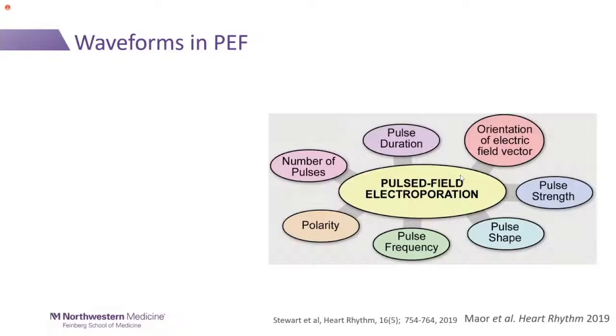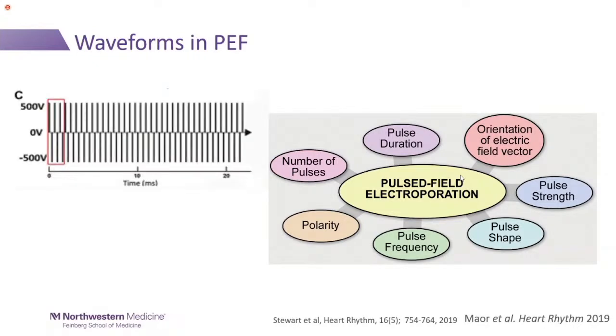What do the waveforms look like? Who knows? Each company has their own proprietary protocol, and they can vary any of these 7 variables. It's almost infinite, the protocols you can apply. So here's one example: over 20 milliseconds, 500 volt pulses being delivered.